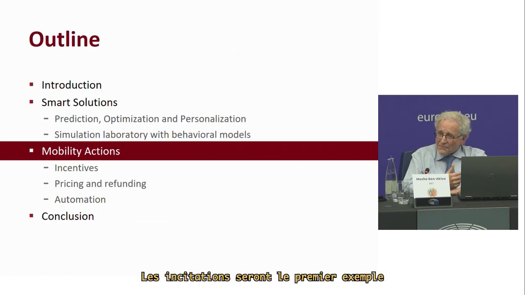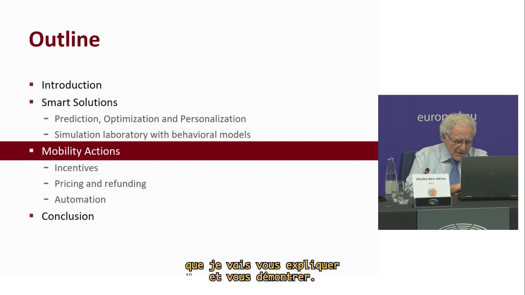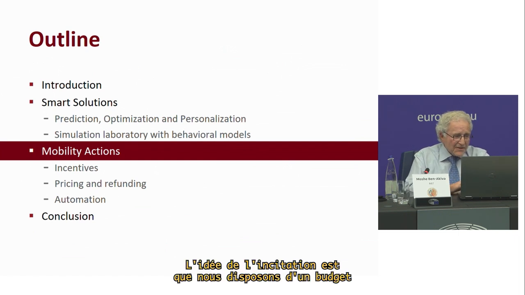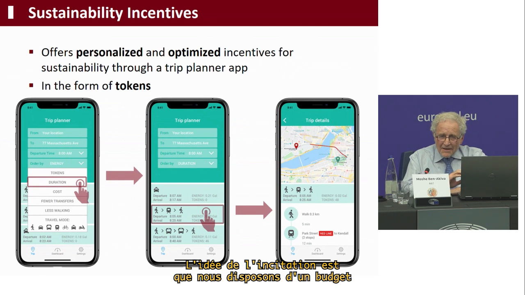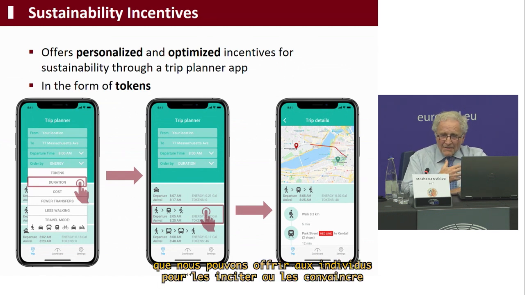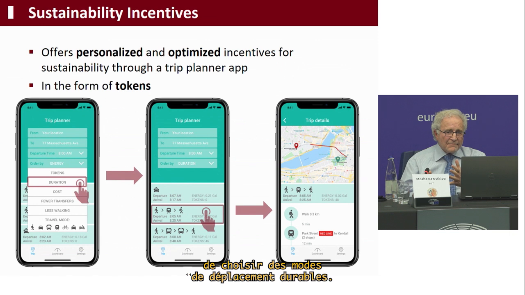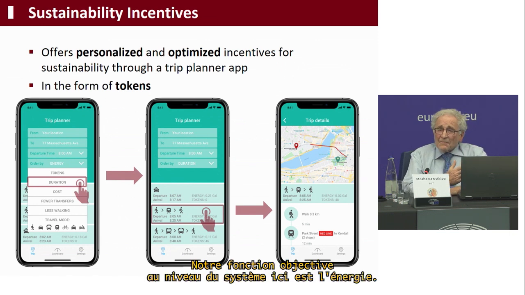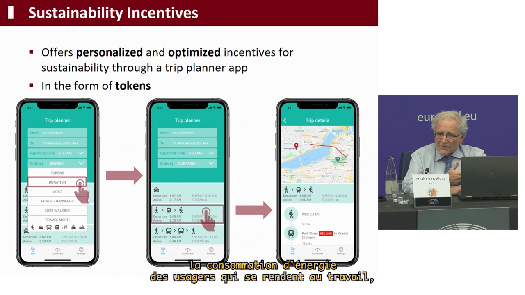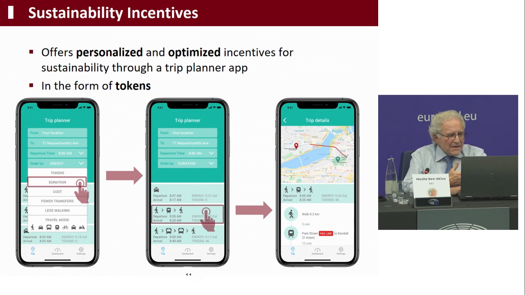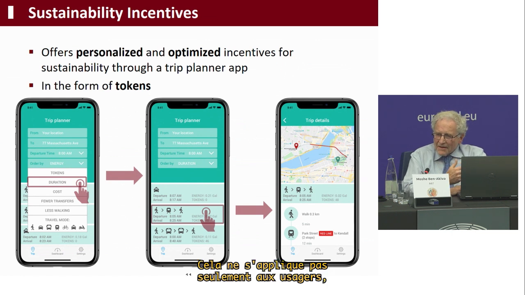Incentives will be the first example that I'm going to explain. The idea of the incentive is that we have a budget that we can offer individuals to nudge them or to convince them to select ways of traveling that are sustainable. Our system-level objective function here was energy. We want to minimize energy consumption by commuters traveling to work, though it doesn't only apply to commuters.